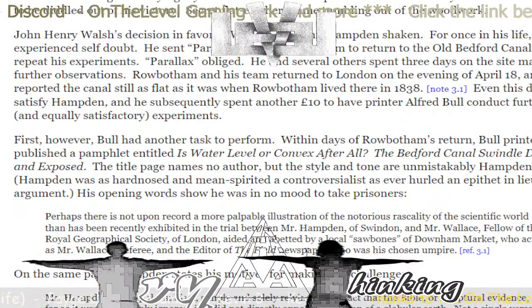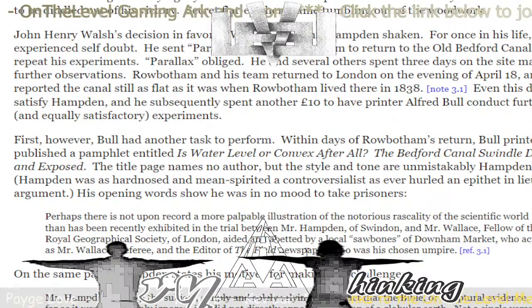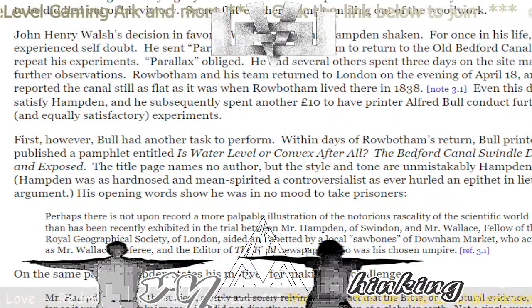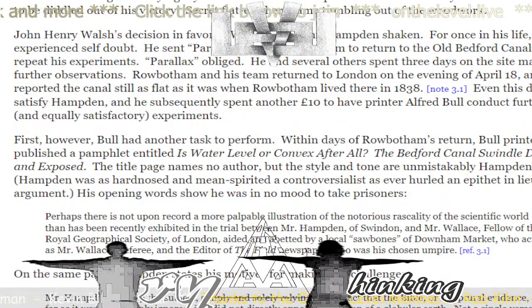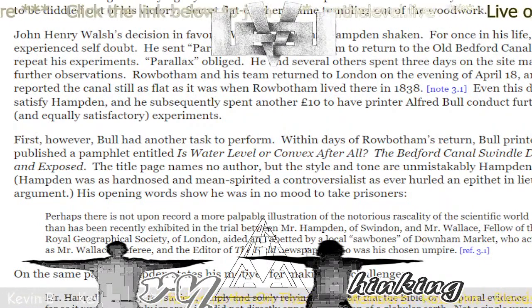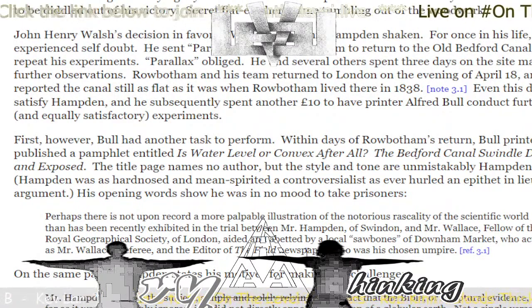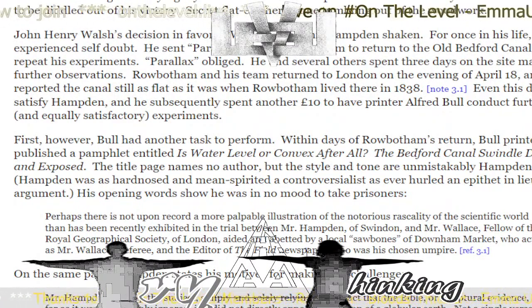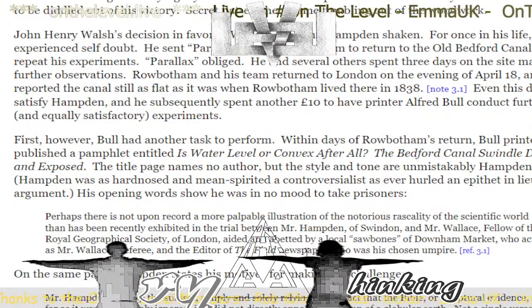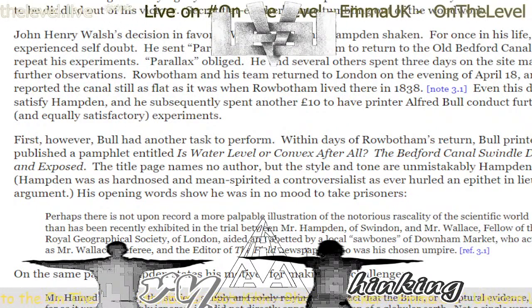Even this did not satisfy Hampton, and he subsequently spent another 10 quid to have printer Alfred Bull conduct further and equally satisfactory experiments. And we're just going down there taking some pictures. First, however, Bull had another task to perform.